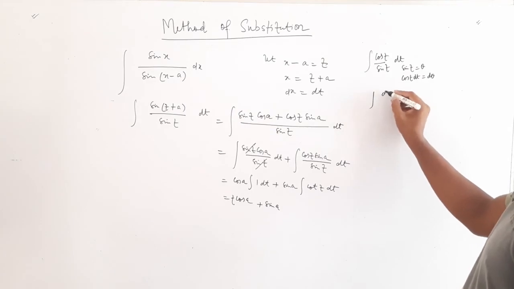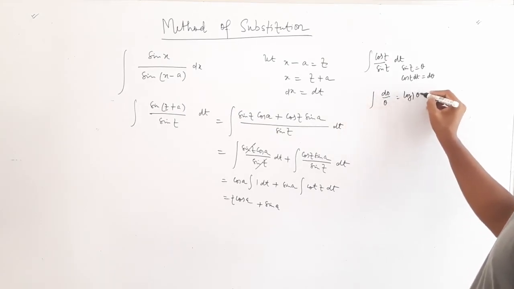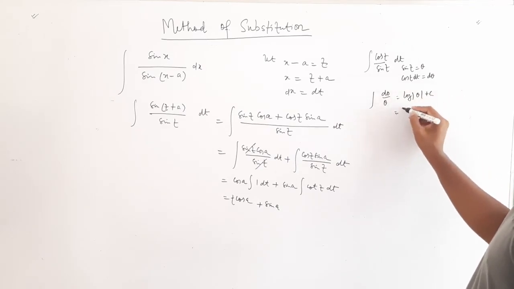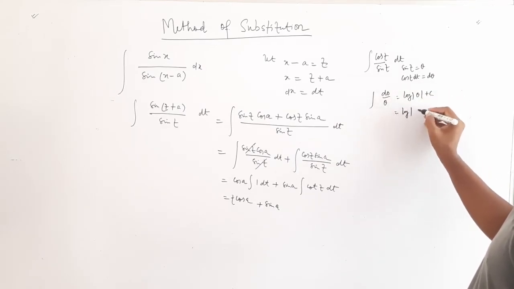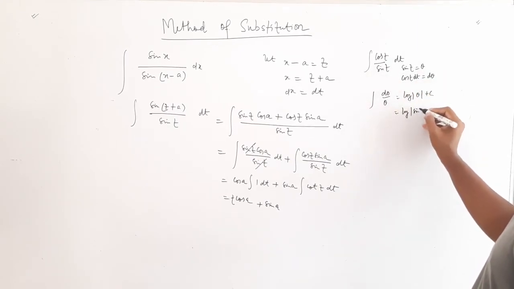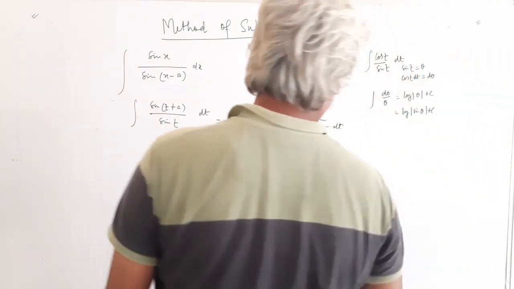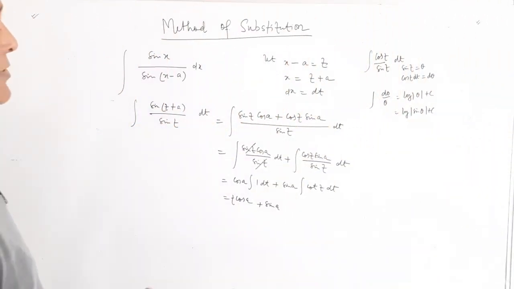So this becomes d theta over theta, that is log mod theta plus c, that is log mod sine t plus c. This is the formula for the integration of cot t, which I will use directly.